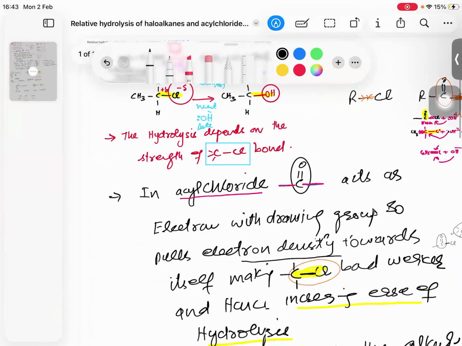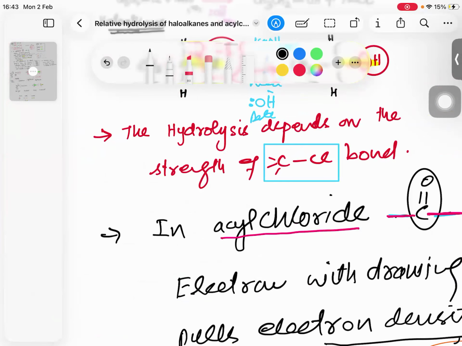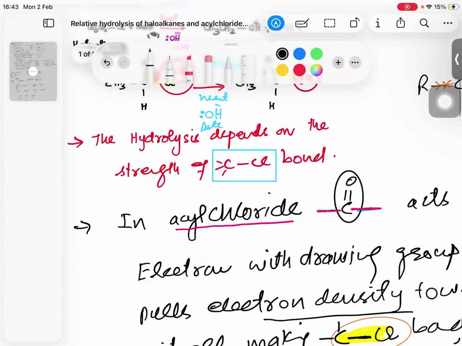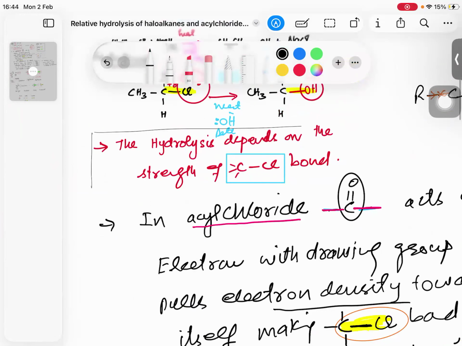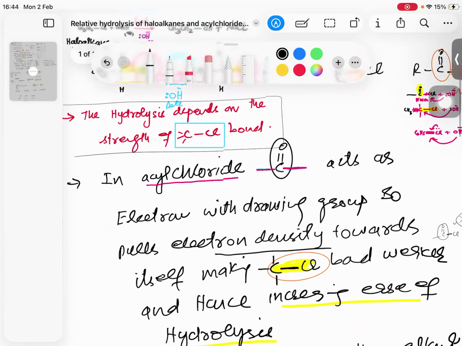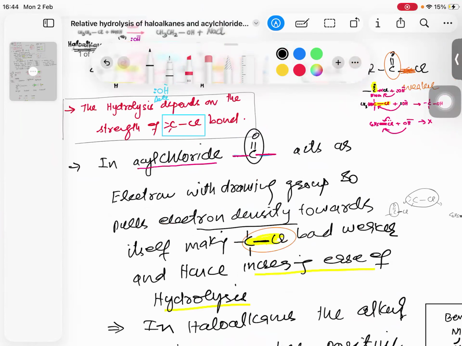So please write down: hydrolysis depends on the strength of the C-Cl bond. In acyl chloride, C=O acts as an electron withdrawing group, so it pulls electron density towards itself, making the C-Cl bond weaker.